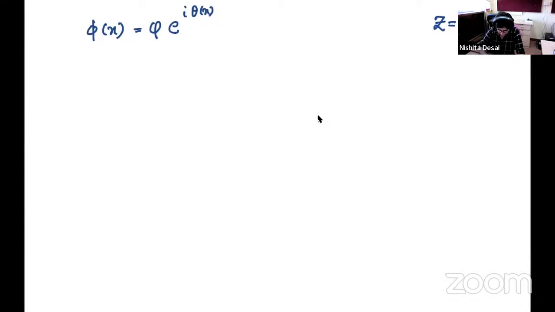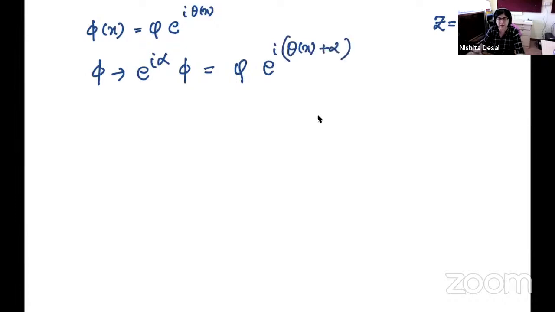So we know our transformation is phi goes to e to the i alpha phi, which is just a rotation, which simply means that this part doesn't change. What changes is just the exponent, and you can make a gauge choice. This tells you what it means to make a gauge choice: the transformation we are making here is completely user determined.